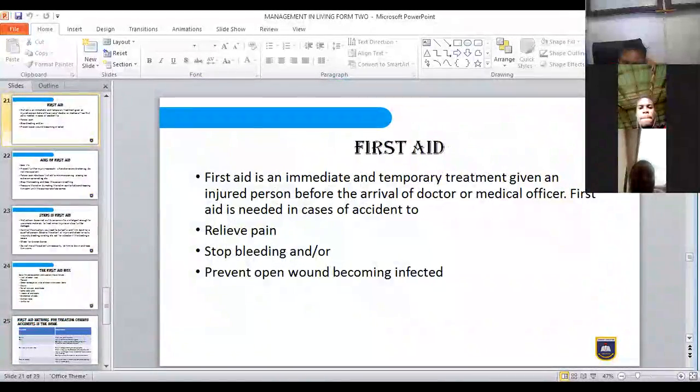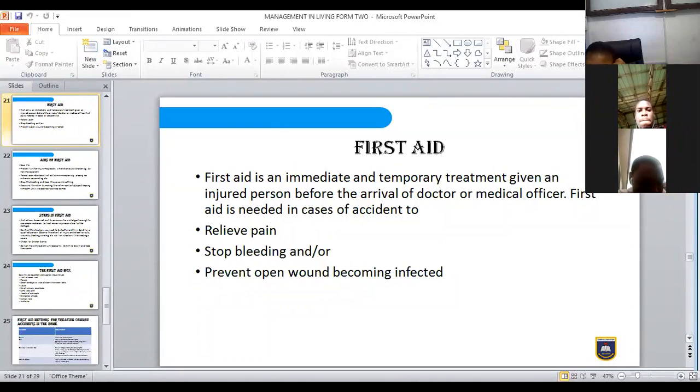Now, why do we give first aid? One, first aid is given to relieve pain. The person is injured and is in pain, so you give first aid in order to relieve pain.